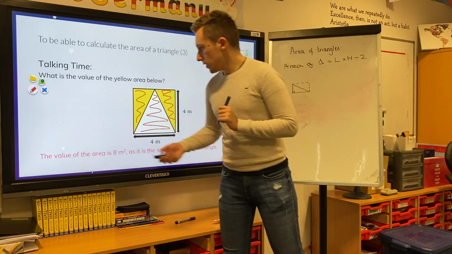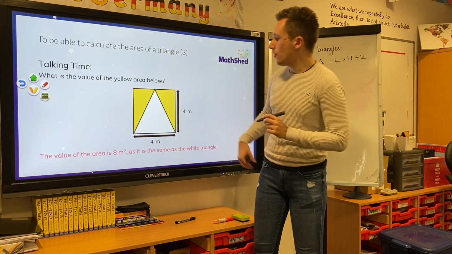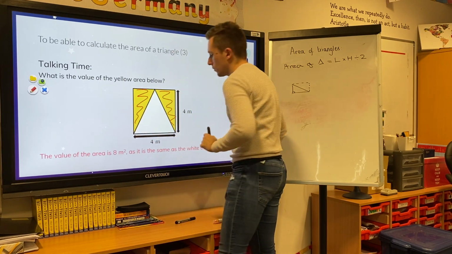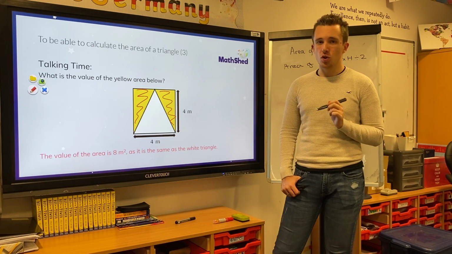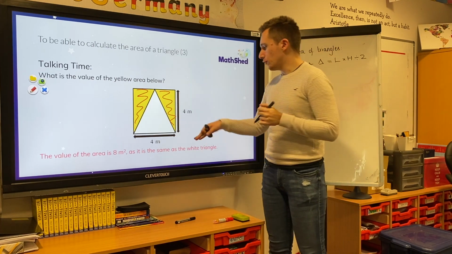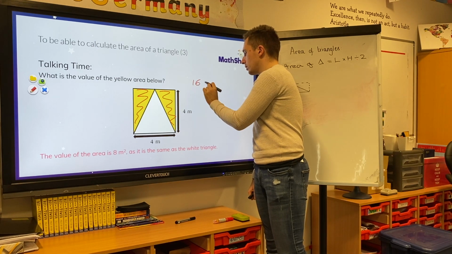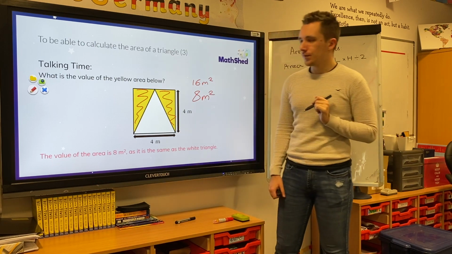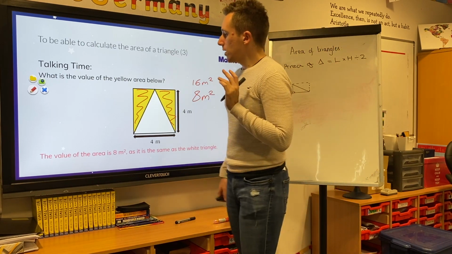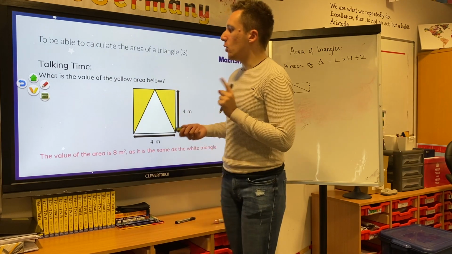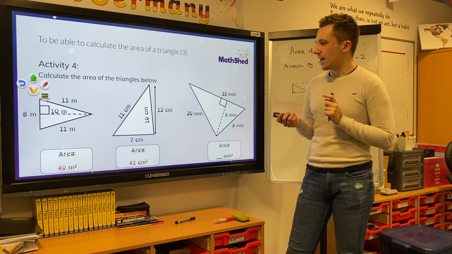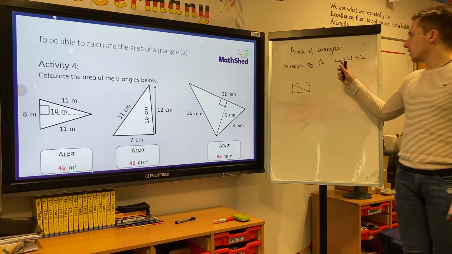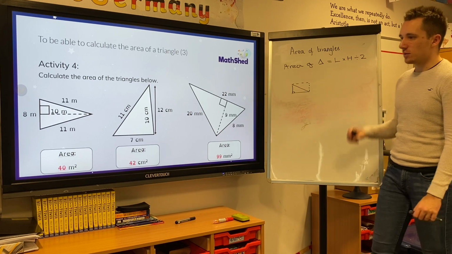So therefore, if you wanted to find the area of this bit, you would do the same as you would to find the triangle. You would do 4 times 4, and then you would halve it. Okay? But I'm not going to worry too much about that for now. The main point of today is that you understand how to find the area of any triangle. You do that by doing length times height divided by 2.